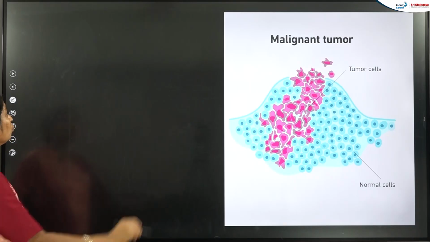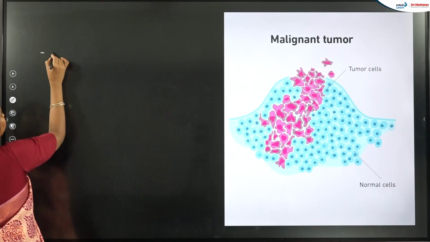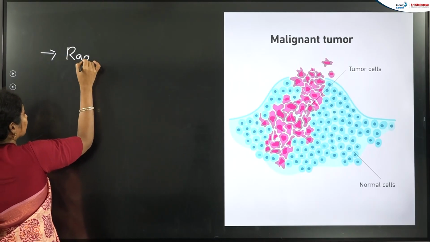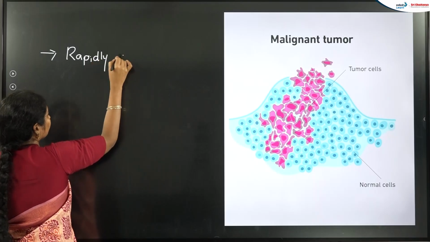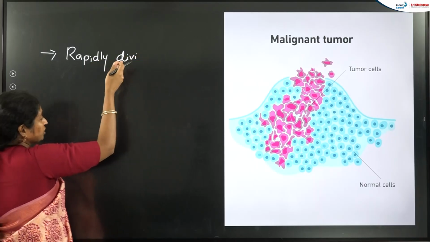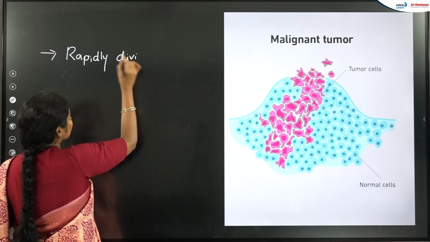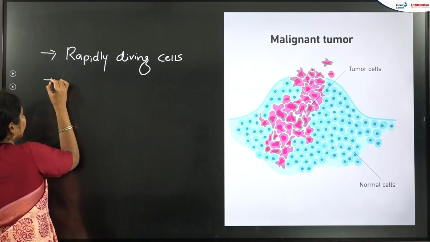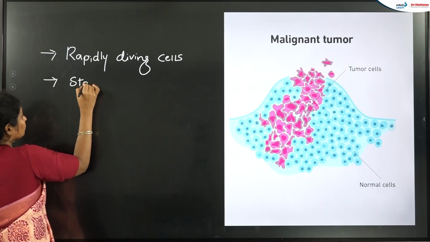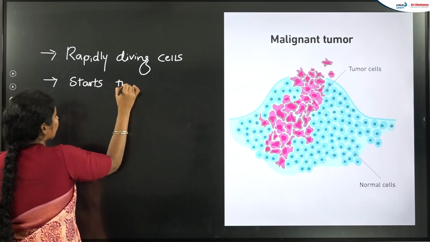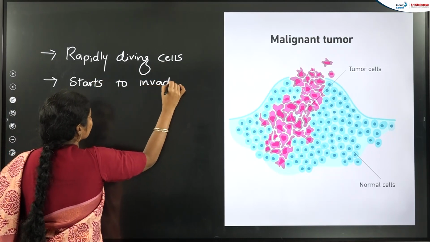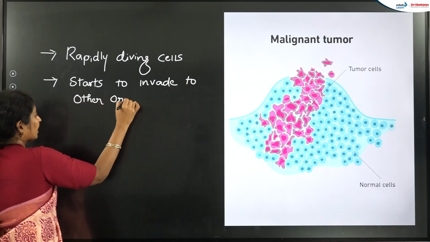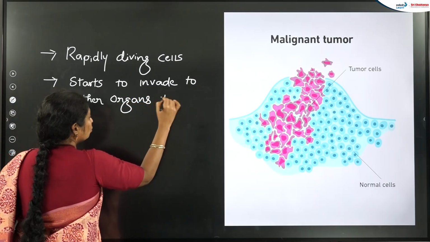Next is the malignant tumor. A malignant tumor has rapidly dividing cells. Here we can see more proliferation compared to before. Next, these cells start to invade other organs through the blood.